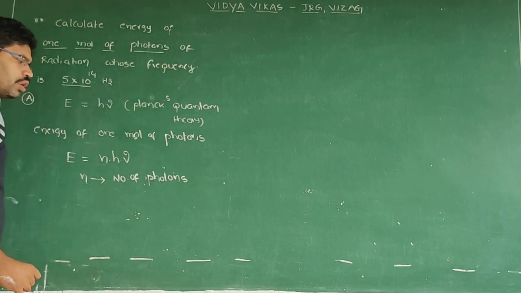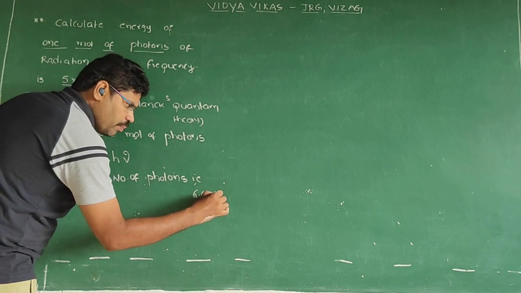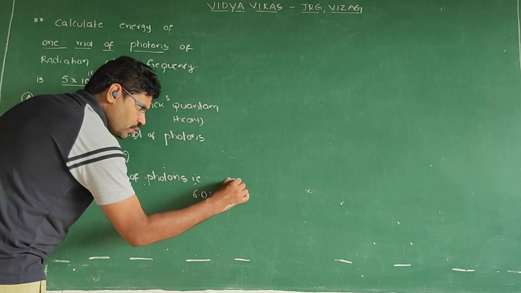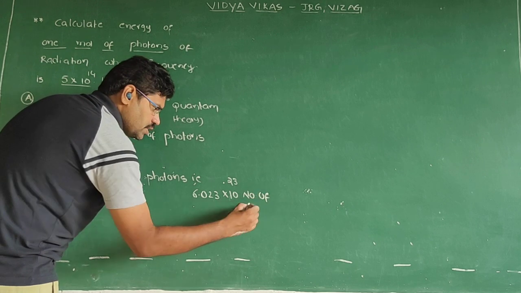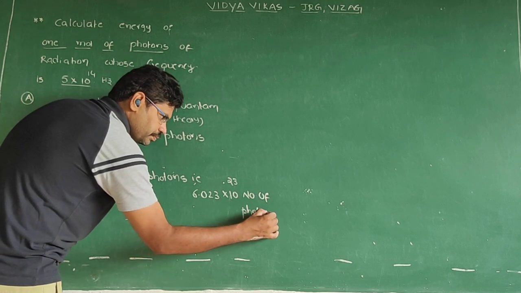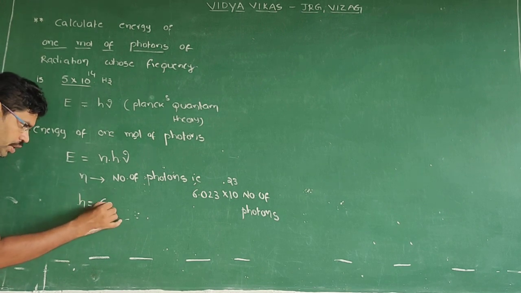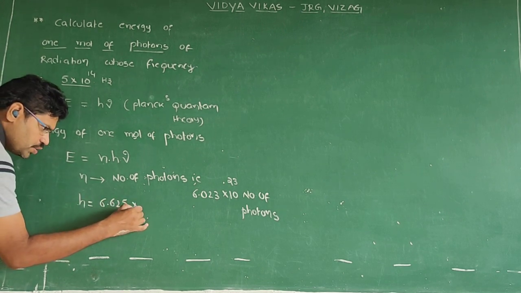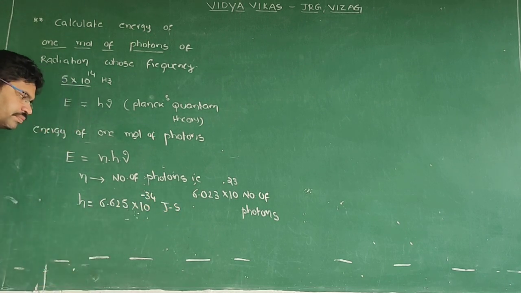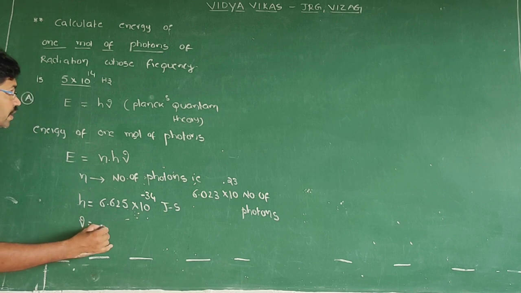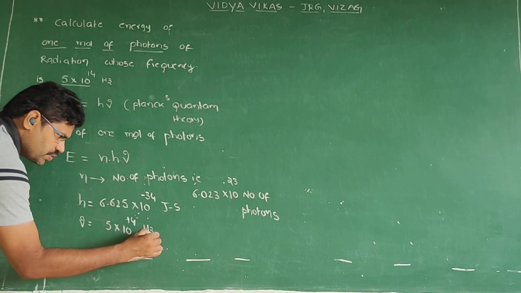Keep in mind, 1 mole of photons means Avogadro number of photons, 6.023 into 10 power 23. And we know the h value in joule second, 6.625 into 10 power minus 34 joule second. And frequency is already given, 5 into 10 power 14 Hz.